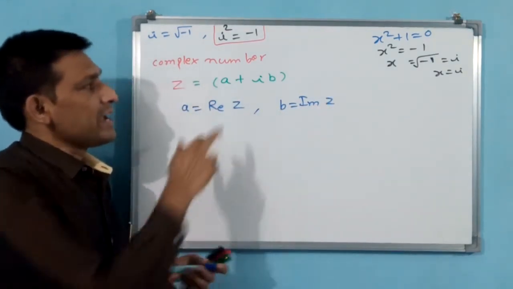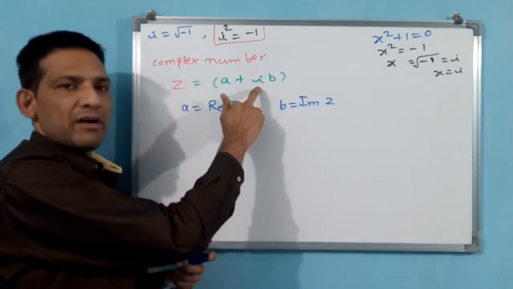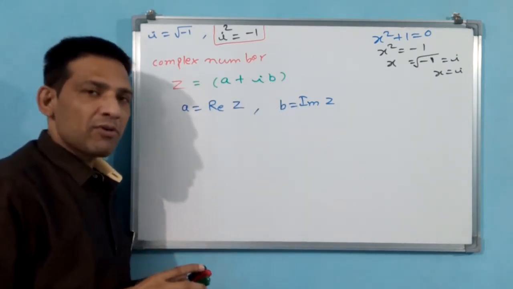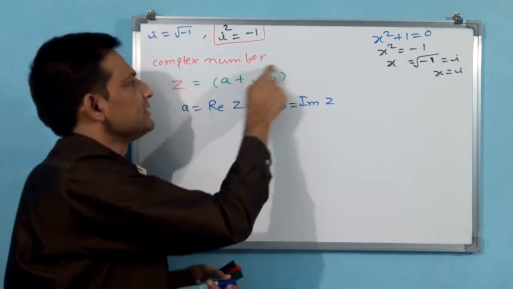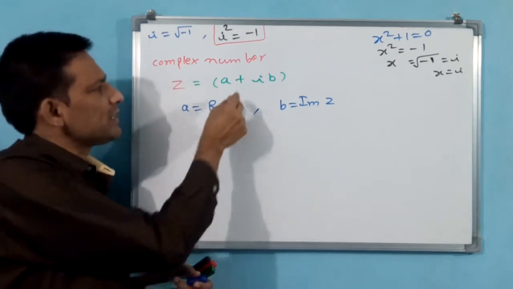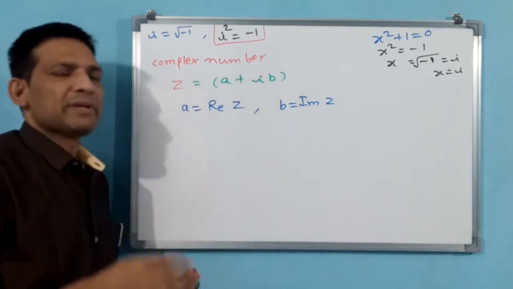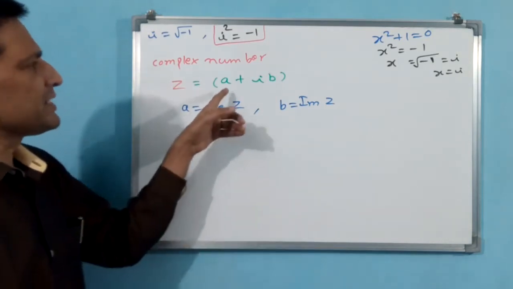That means any number that comes with the letter i is going to be called the imaginary part of the complex number. Now here the complex number is this one, z. Or if z is not there also, don't bother. You first know these two. a plus ib is the complex number. Simply you are representing this as z.